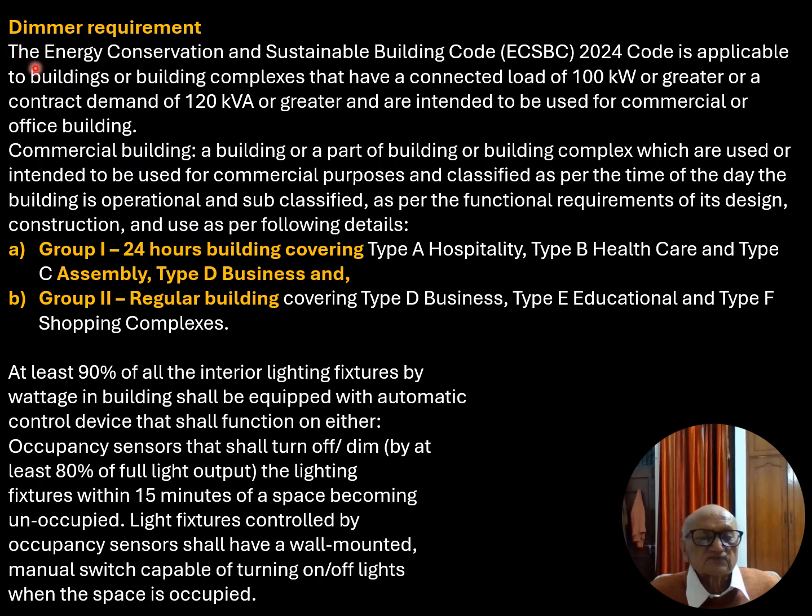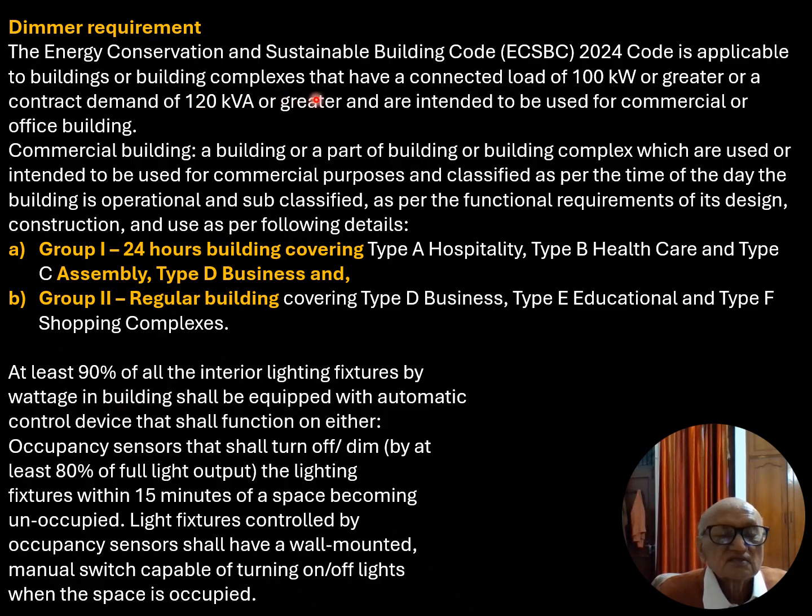The Energy Conservation and Sustainable Building Code, ECSBC 2024, is applicable to buildings or building complexes where a load of 100 kilowatt or greater, or a contract demand of 120 kVA, is there.